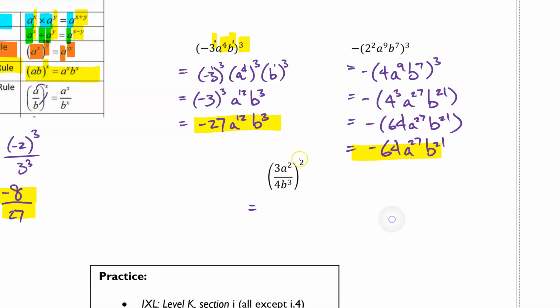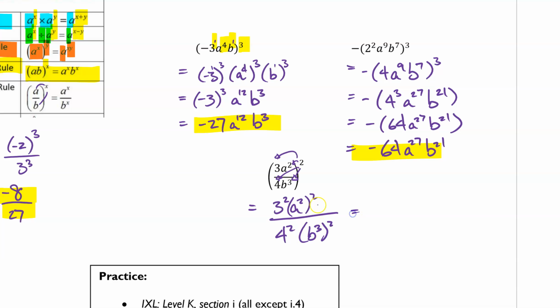We got to handle what this exponent 2 is, and we have to apply it to all of these exponents that are all in here. Okay, so what really happens here is this becomes the 3 all squared. A squared, squared. Okay, and then 4 gets squared, and then the b cubed gets squared.